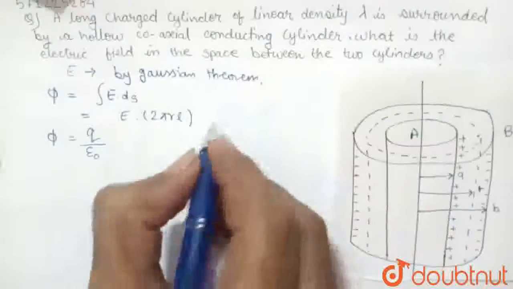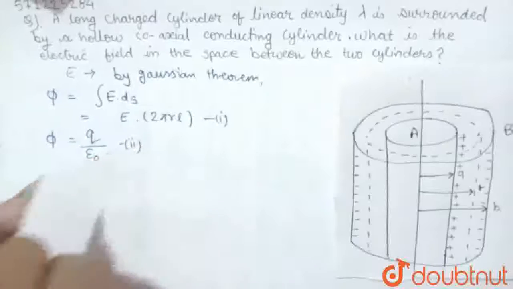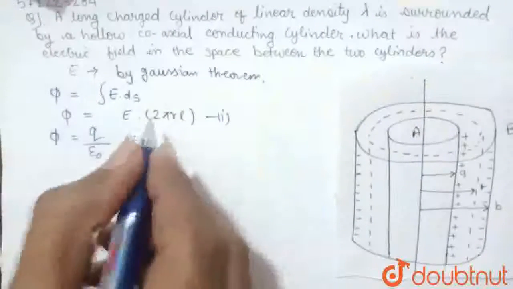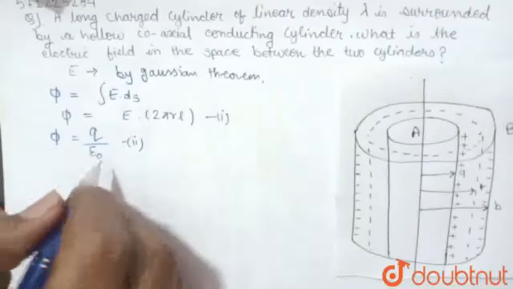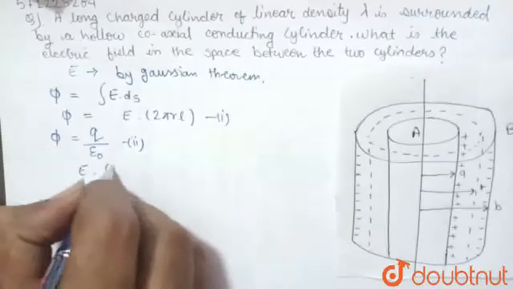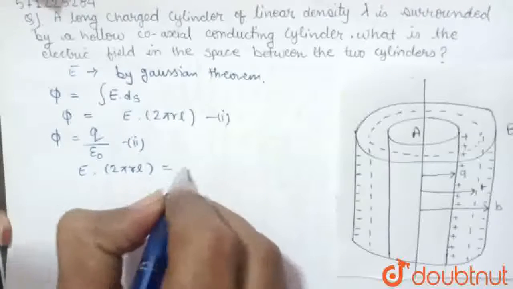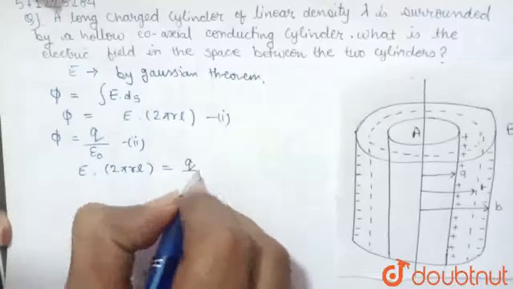Now, from equation 1 and equation 2, by comparing these two equations we write E into 2 pi RL equals Q by epsilon naught.